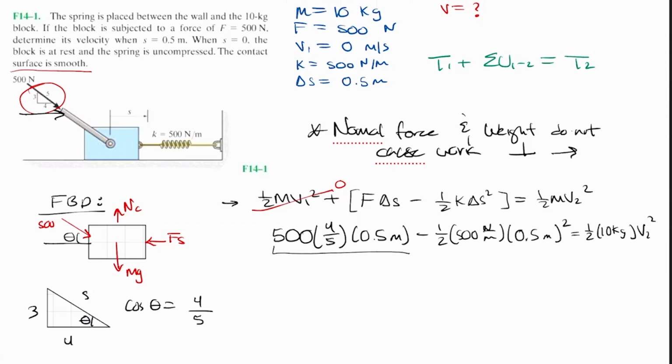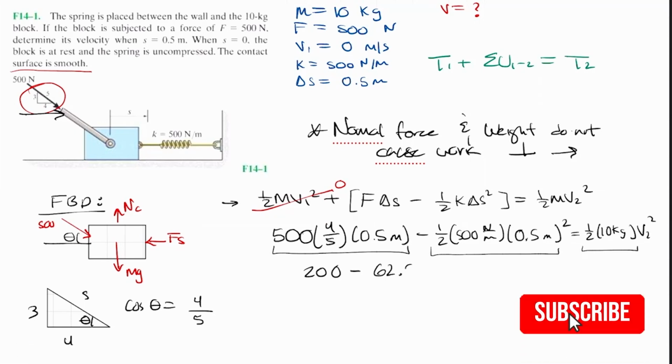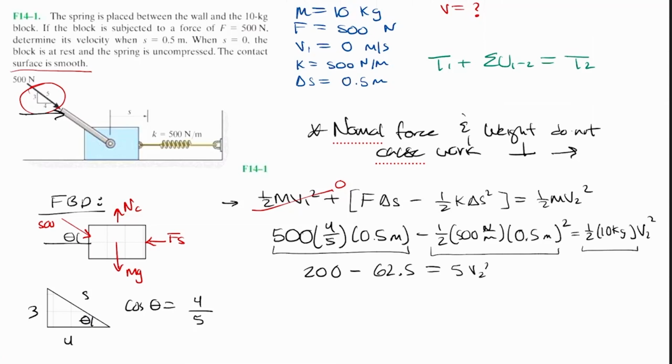So it's plug and chug: solve this value, find this value, rearrange, and we should be able to figure out V2. Out of this, I think I should get 200 minus 62.5 equals 5 V2 squared. So when you rearrange this, you should find that V2 equals 5.24 meters per second.